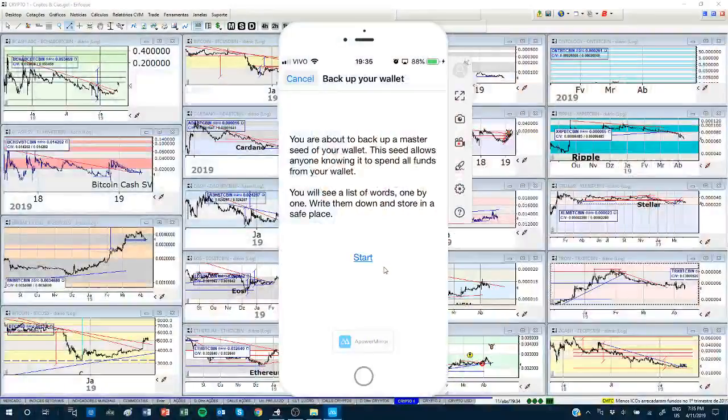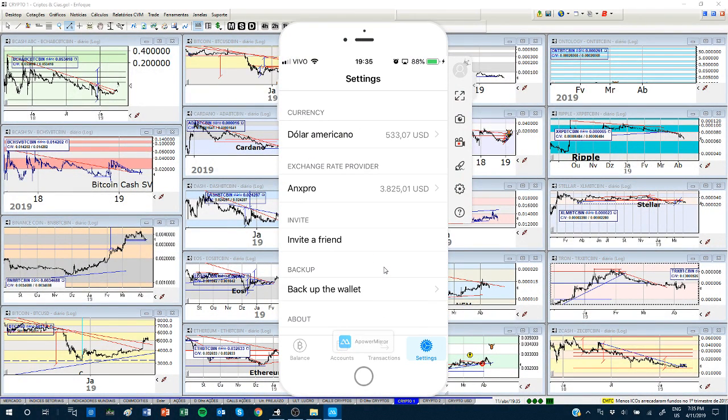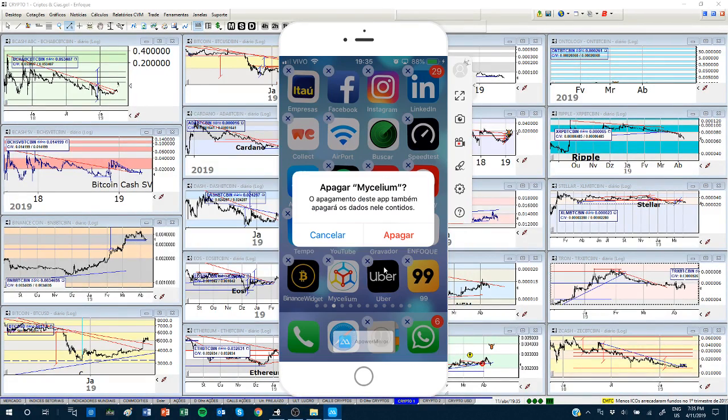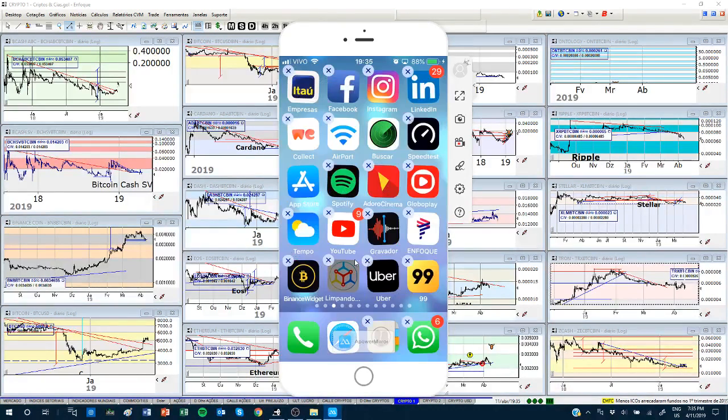But if you haven't done that yet, and what is that? Let me show you. That is to come back here to my iPhone and simply click here and ciao. Delete it. I'm going to click here and there you go.